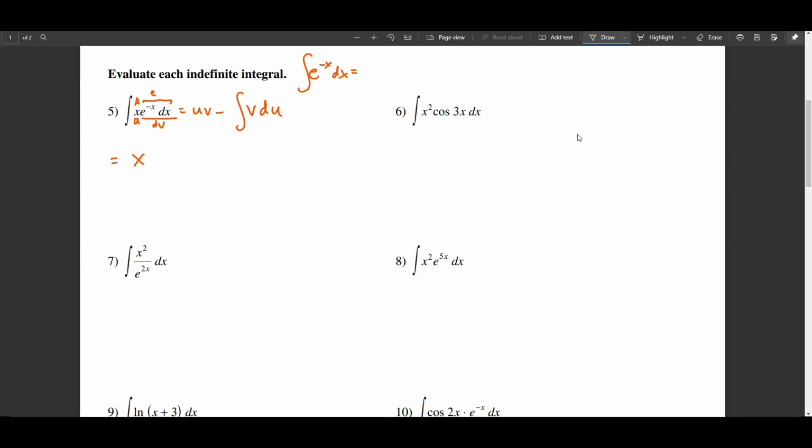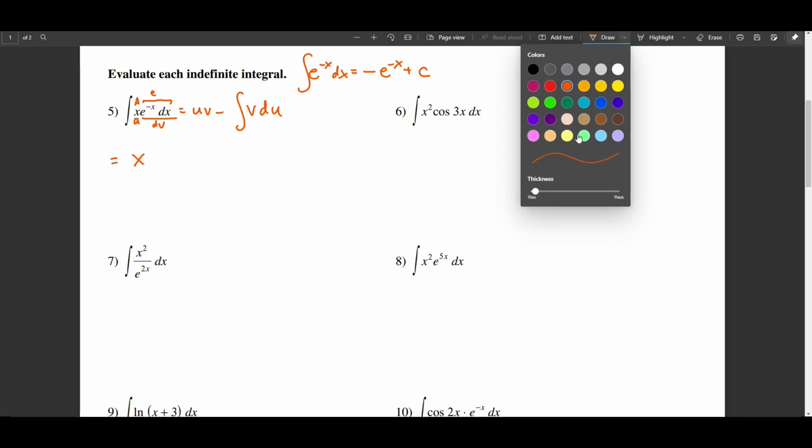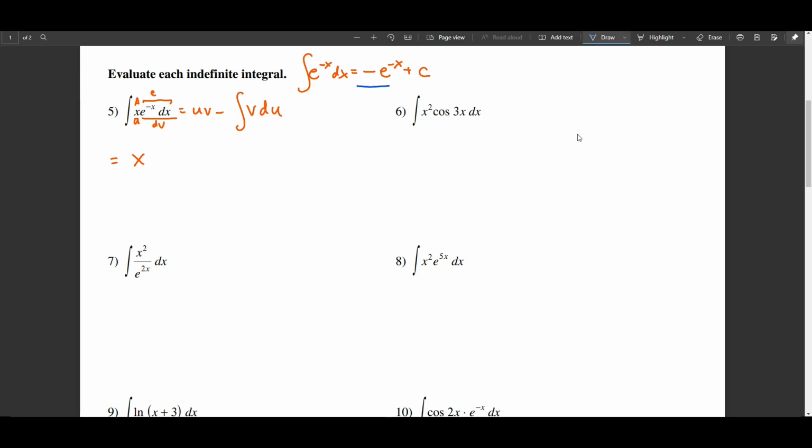If you integrate this, you can use u substitution here, or you could just have this memorized. You'll see that you get negative e to the minus x plus c. So you take the minus e to the minus x and bring it over here. So that's our u. This is our v, minus integral of v.